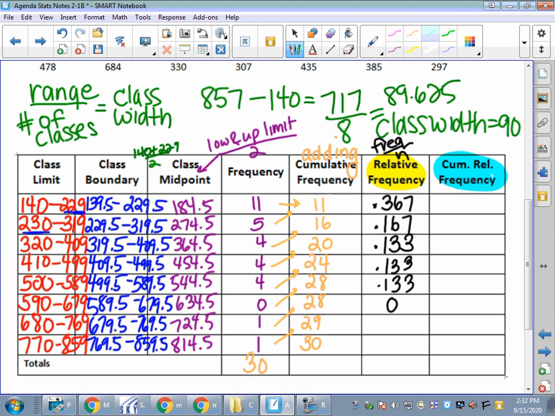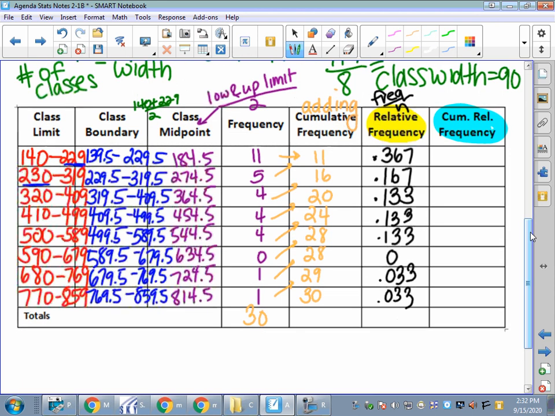This is going to be a 0. This is going to be something tiny, like a 0.033 and a 0.033. If I add up all my relative frequencies, what should they all add up to? It should be 1 whole, or if you like to think in percentages, it should be 100%. Remember, we could be slightly off due to rounding.